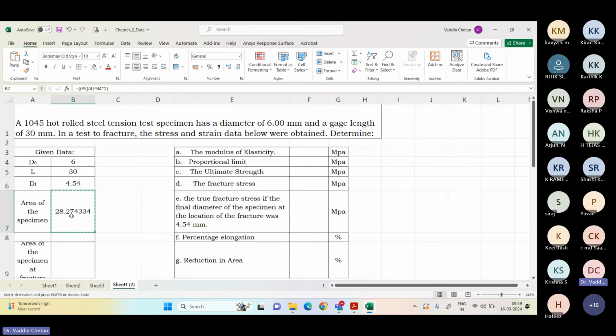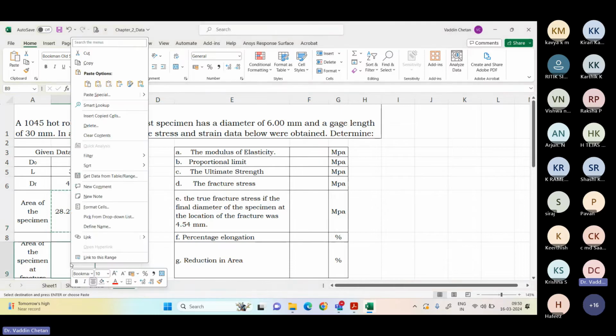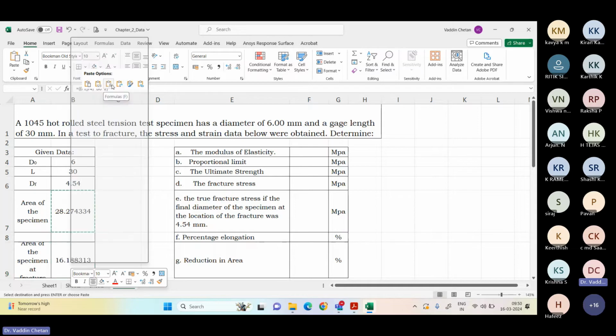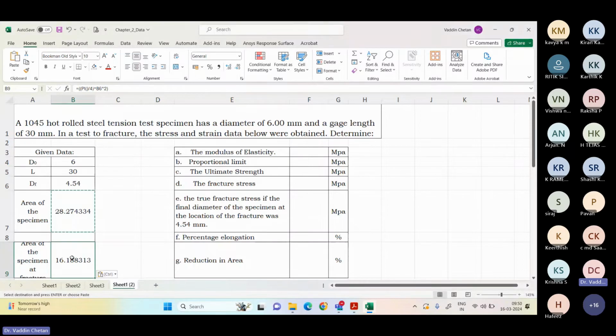Let me copy that, because the formula to calculate the area remains the same. I will right click, go to paste special, and paste as a formula. There might be some slight variation, because the version of Excel which I am using on my laptop is Microsoft 365, a 2024 edition, and you will be working on a different edition.